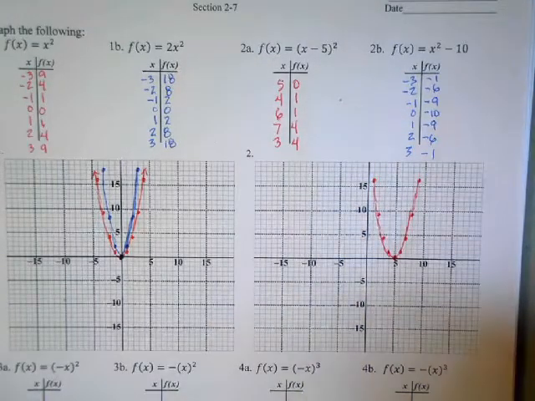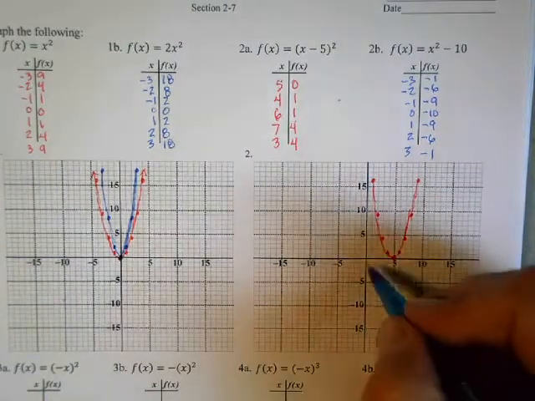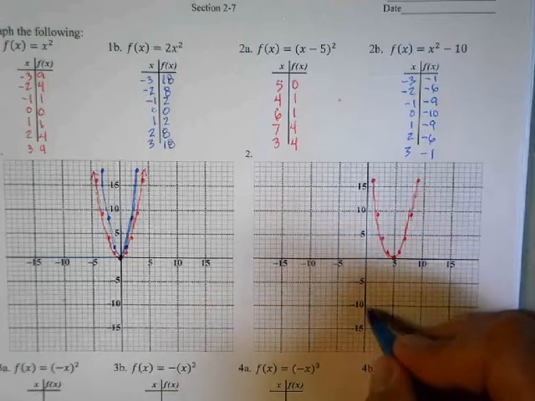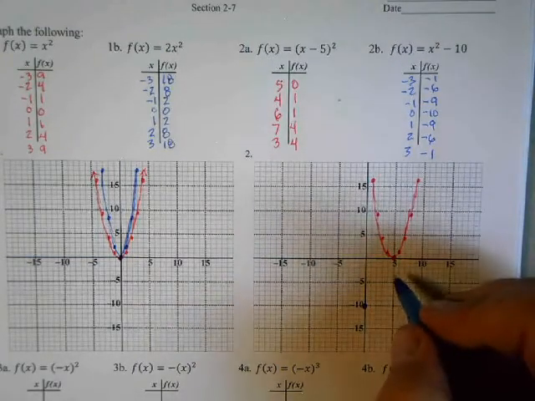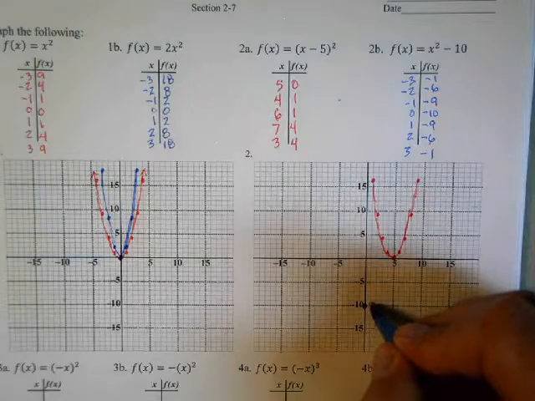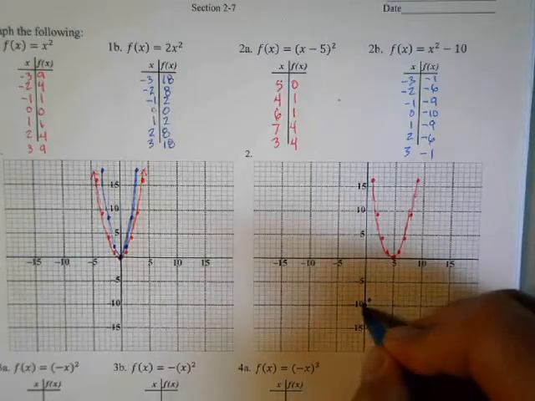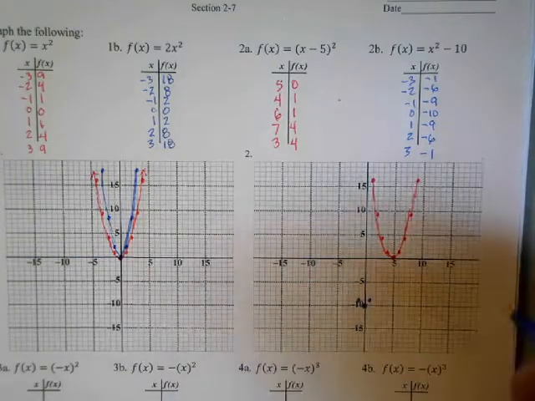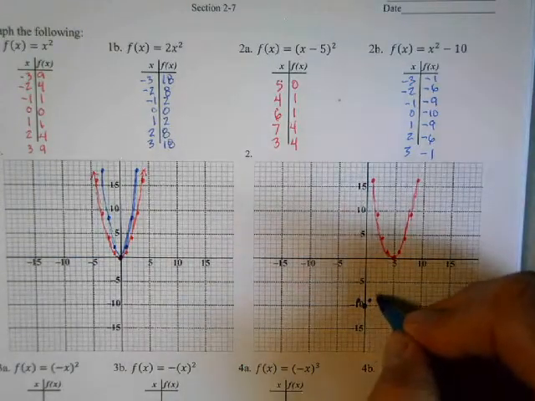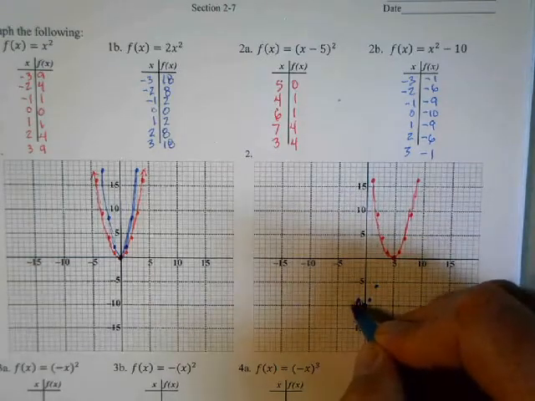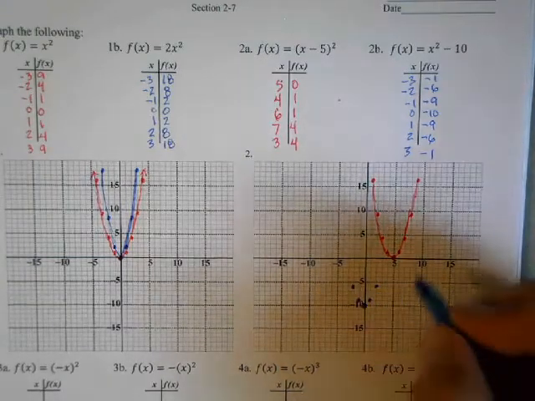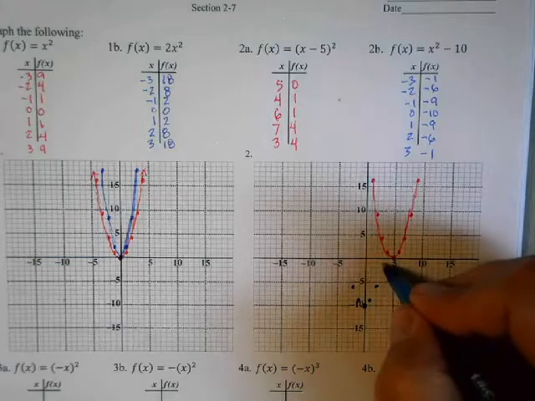So in graphing this one, I have 0, negative 10, which is down here. And then it's up 1 over 1. So those 2 points. And then over 2 and up here to negative 6 for the next one. And then it'd be to negative 1.